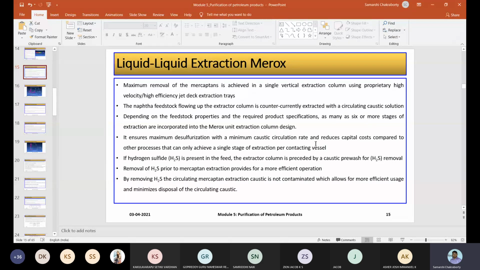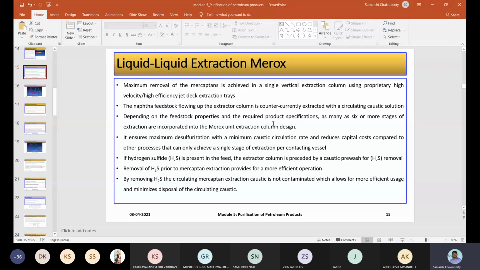So they are saying that the purpose of using multiple stages of extraction is that they want to use minimum amount of caustic but achieve maximum amount of desulfurization, because you are using the caustic in order to extract the sulfur from the feedstock.